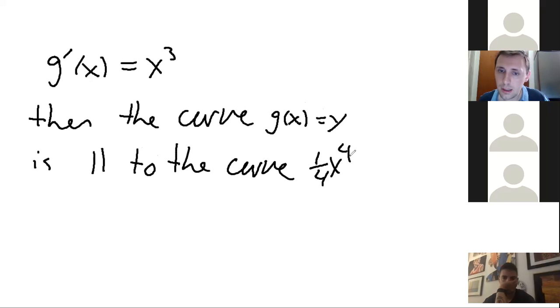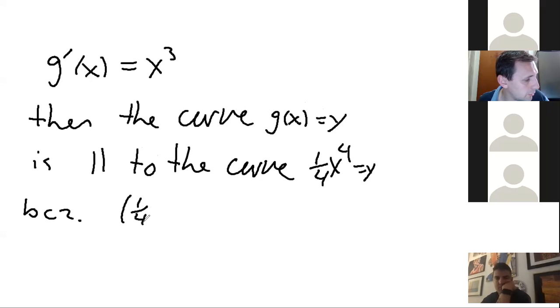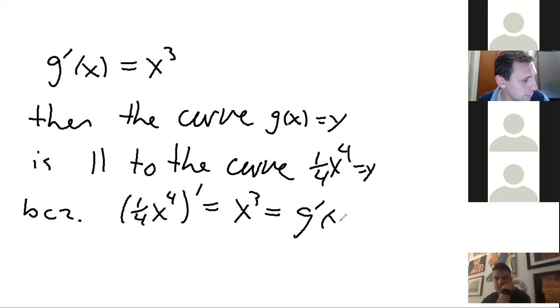Do you agree? Because if I take the derivative of 1/4 x to the 4, I get x cubed, which is what I get if I take the derivative of g. You understand? That means they have the same slope.